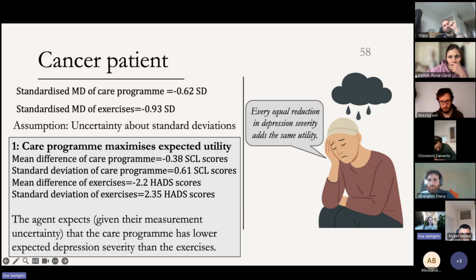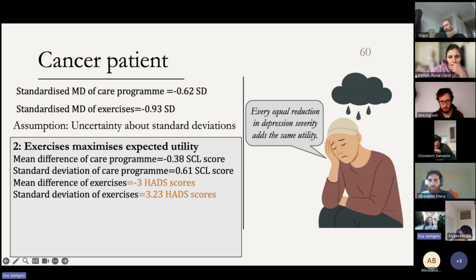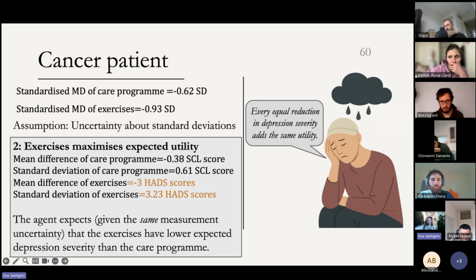But of course, the same standardized mean differences are also compatible with a range of other mean differences and standard deviations. And as you might expect, they're also compatible with a mean difference and standard deviation such that, given the same uncertainty about measurement, the exercises have a lower expected depression severity than the CARE program, and therefore the exercises will now maximize expected utility for the agent if the agent were to learn these mean differences and standard deviations.